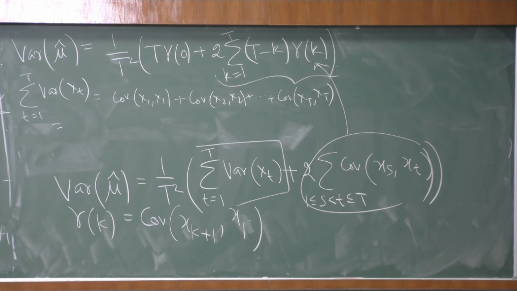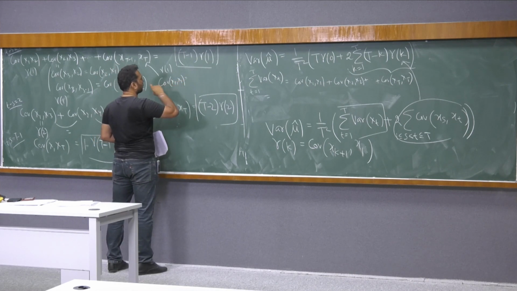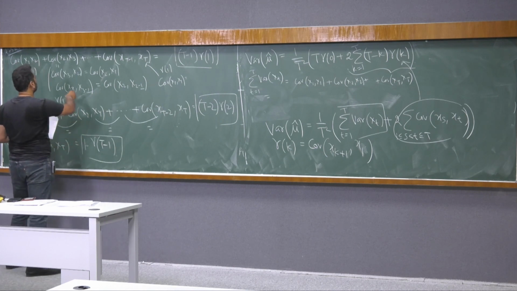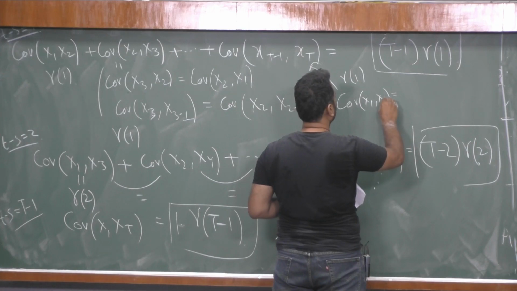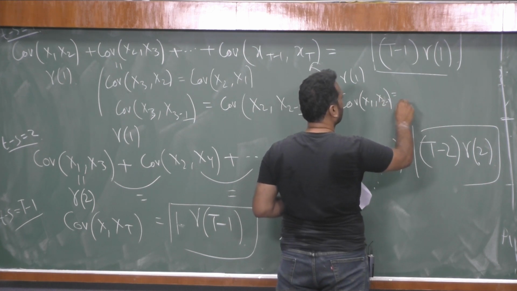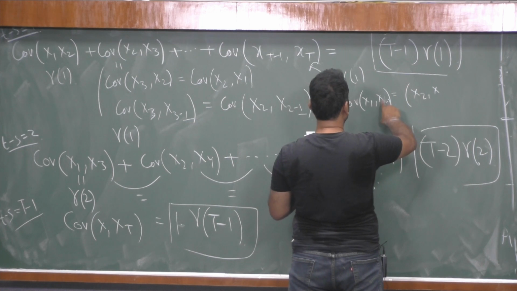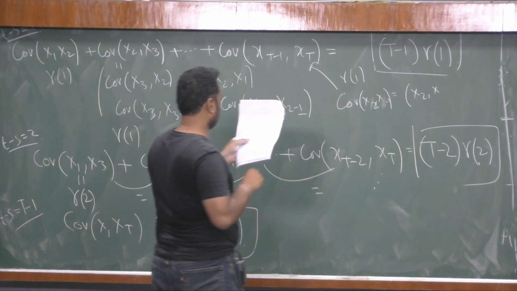The covariance of x1 will be the same as the covariance of x2, because with the covariance property we can write this as x2 minus 1, x1 1 minus 1, x2 2 minus 1, and so on.